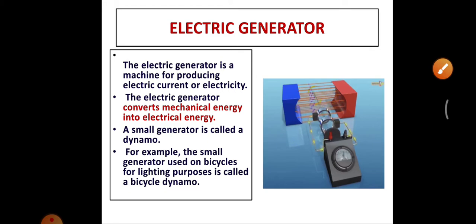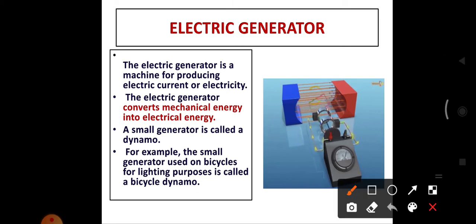The electric generator converts a mechanical energy into electrical energy. In electric motor we learn that the electrical energy is converted into mechanical energy. But in electric generator, the mechanical energy is converted into electrical energy. That means it produces the electricity.